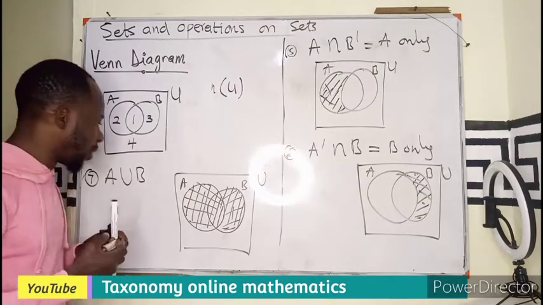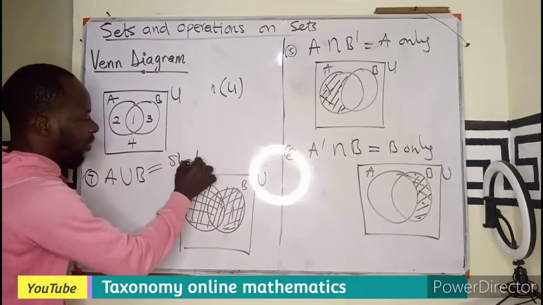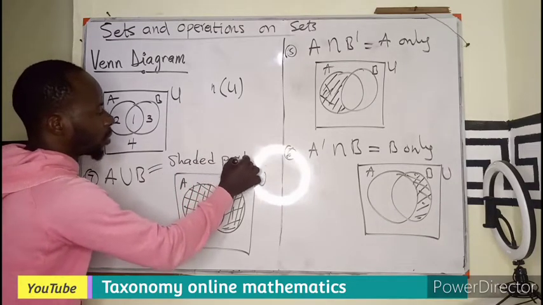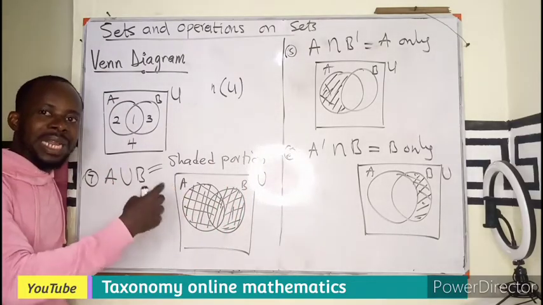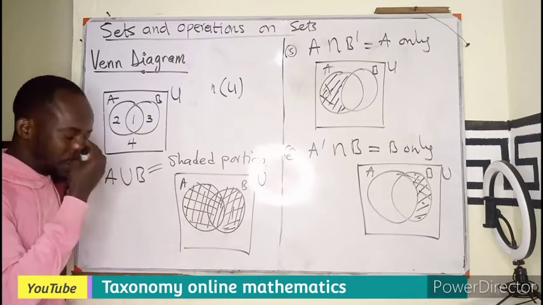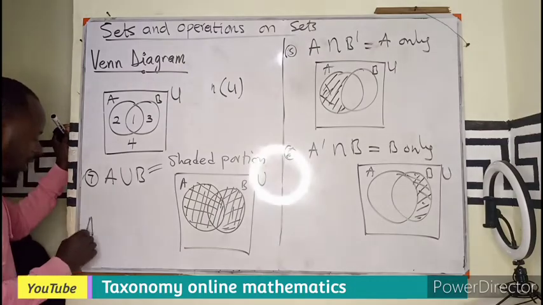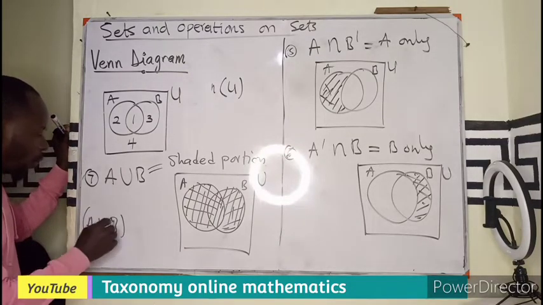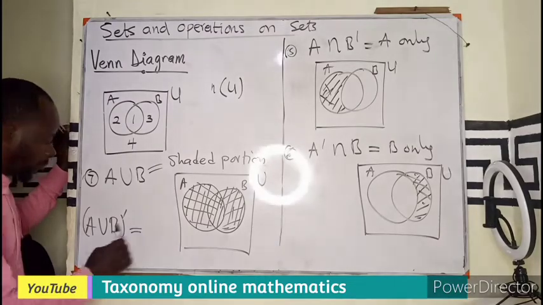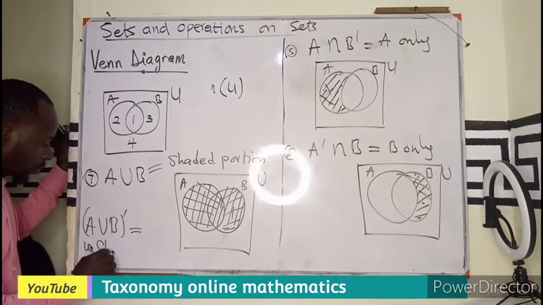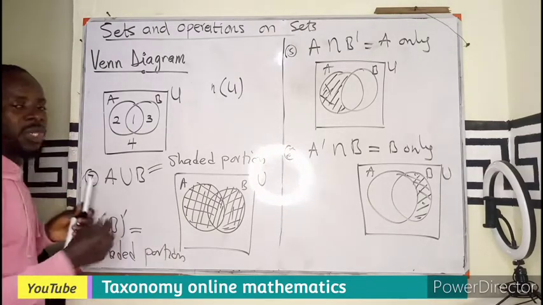So A union B is equal to the shaded portion. The part that is not in A union B is the outside, so region 4, the outside, is going to be A union B complement, which is the unshaded part.